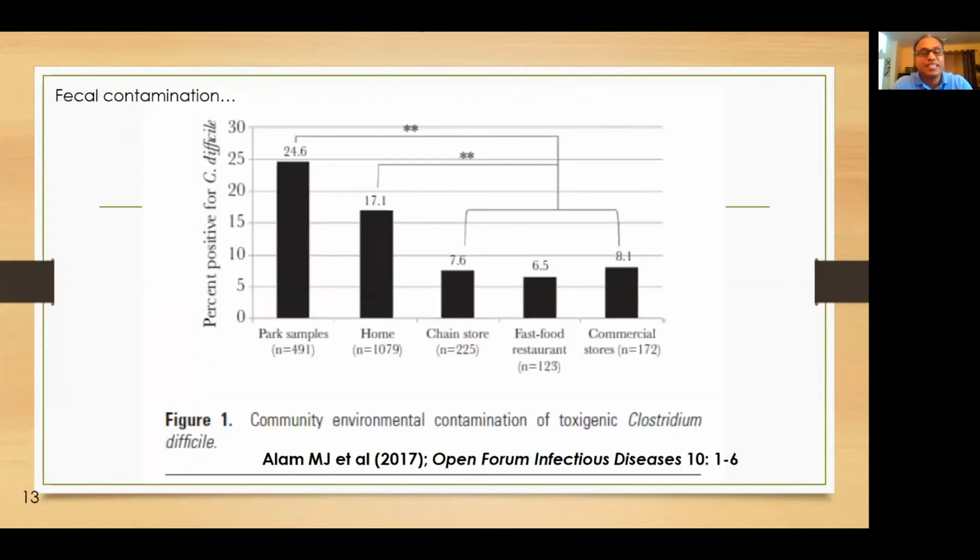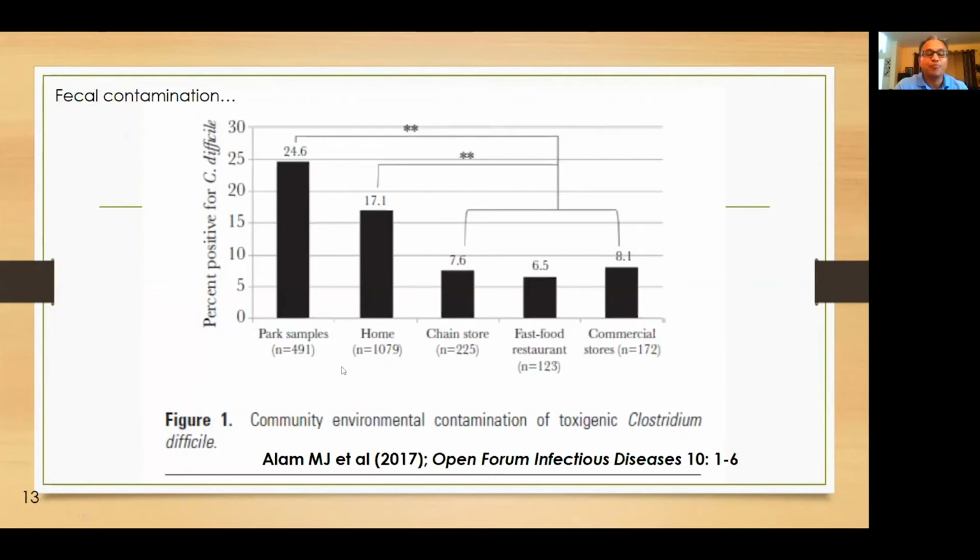Here are some data from this study. Here you can see from park samples, from various parks in Houston area, we collected 491 samples, and 24.6% samples were positive for toxigenic C. difficile, like our previous household environmental samples.